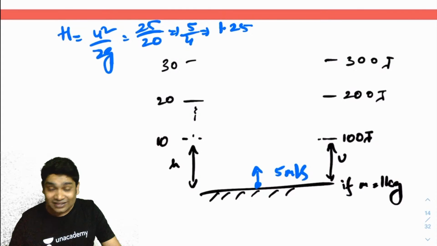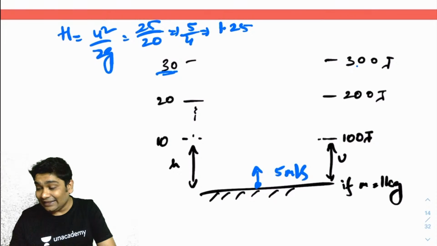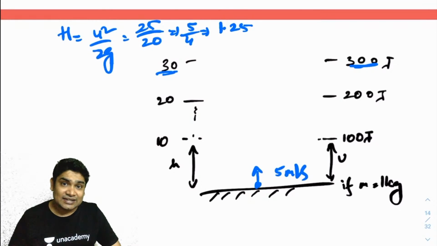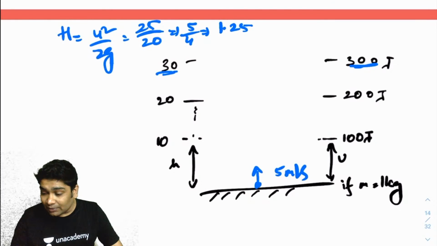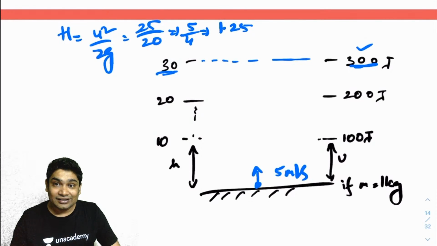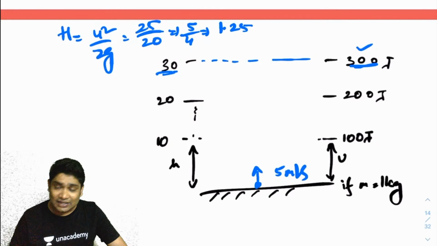But I can still show you that at height 30 the energy would have been 300 joules. Did you get that? The graph is showing something else. This is saying had something been here, then its energy would have been this. It does not mean whether this can reach that height or not. That is dependent on this.